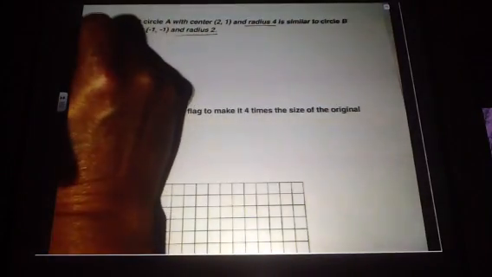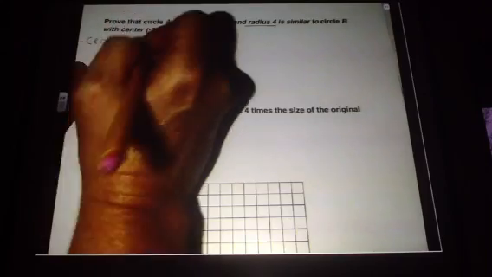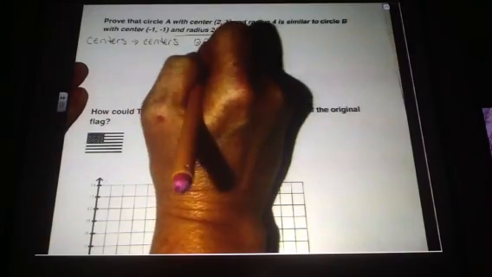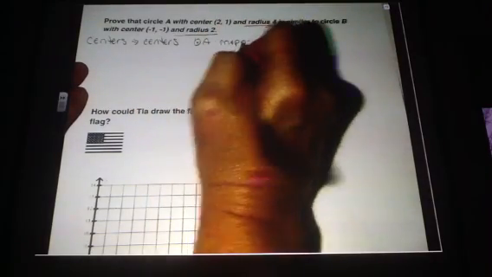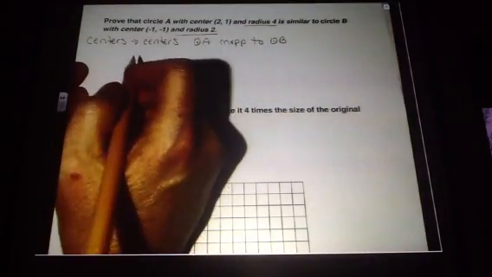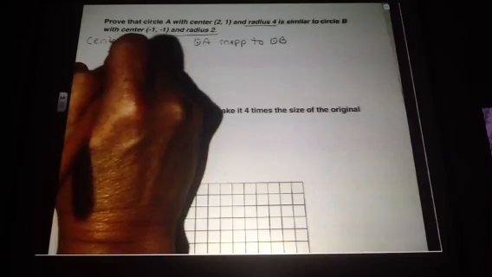Okay, so we need to line up centers. So we're going to take circle A and map it to circle B. And when we do that, we're going to use a translation.